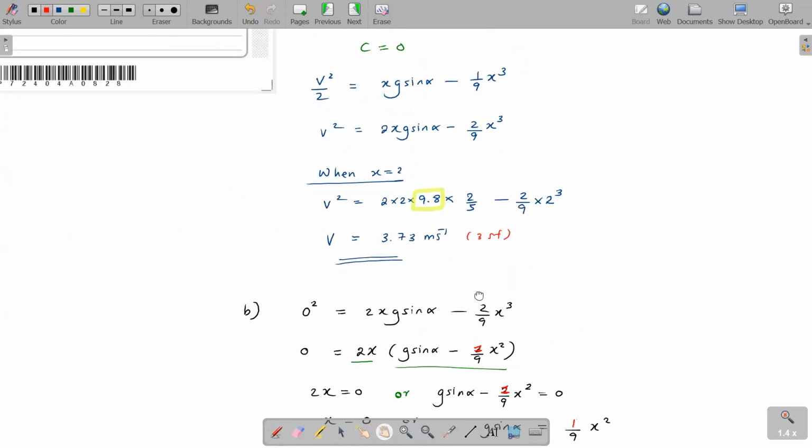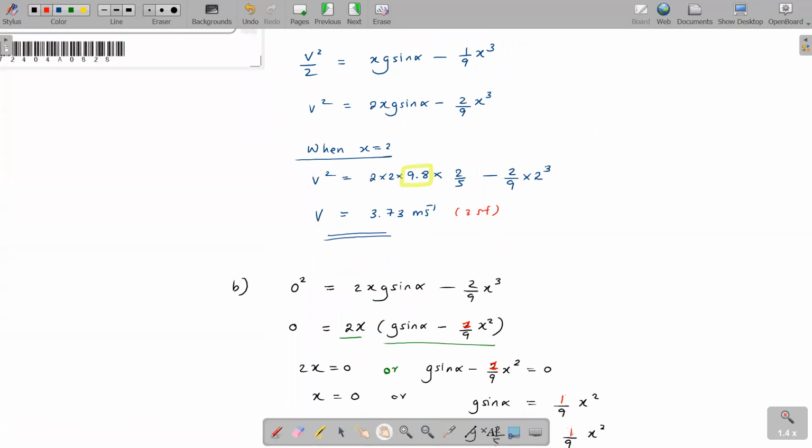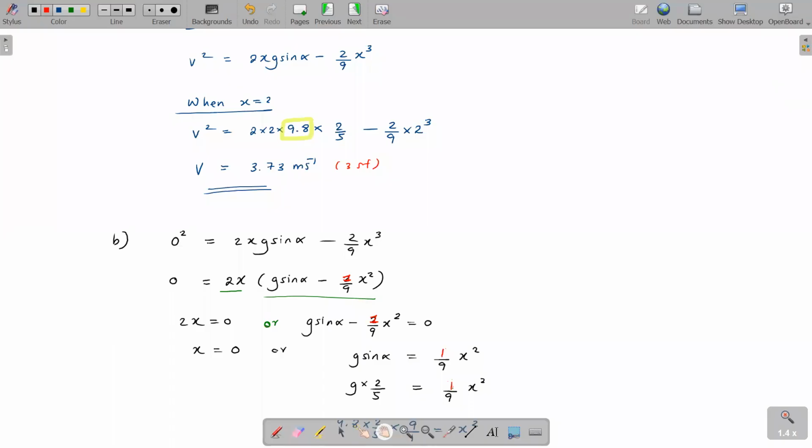Okay, so let's get the answer here. I replaced the v with 0, and I'm going for a factorization method here, right? So I took 2x out and I had g sine alpha minus, if I take 2x out, it's going to be 1 over 9 x square, right? So it's like a basic factorization. So either 2x is 0 or g sine alpha minus 1 over 9 x square is 0.